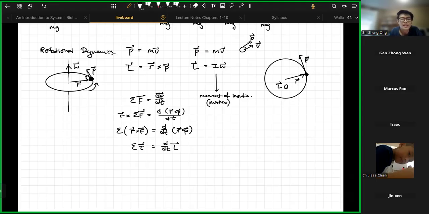But for most problems, where there's not a lot of sus things going on, the moment of inertia is just a number. So in this case, moment of inertia does indeed point in the direction of omega, so it's okay. Let me show you a weird case.